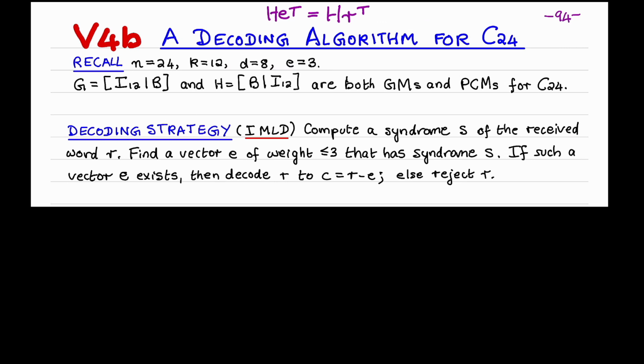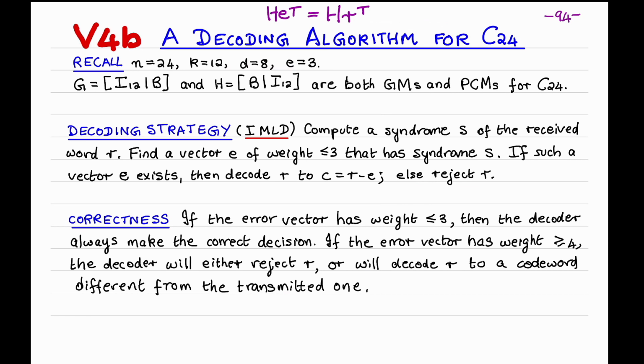And this is because the coset containing R contains at most one vector of weight at most 3. And so, if we have found one such vector E in the coset containing R, then E must be the error vector. If no such E exists, then the decoding algorithm will reject R.